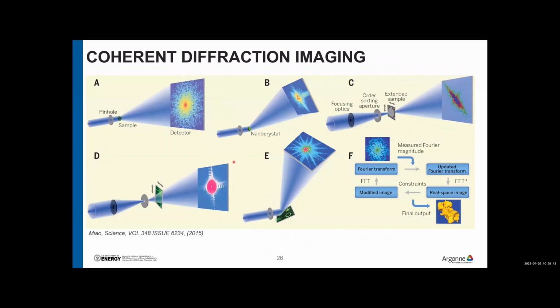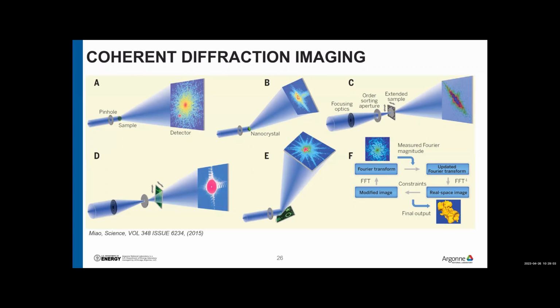The type of measurement that will be transformed after the upgrade is what we call coherent diffraction imaging. In coherent diffraction imaging, you illuminate a sample with a coherent beam of X-rays. It impinges on the sample, scatters, and you collect the scattering pattern in the far field.